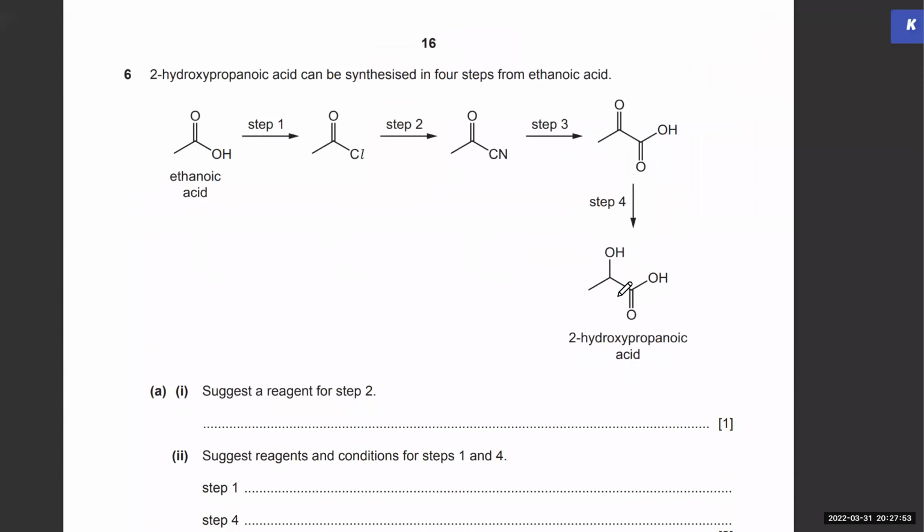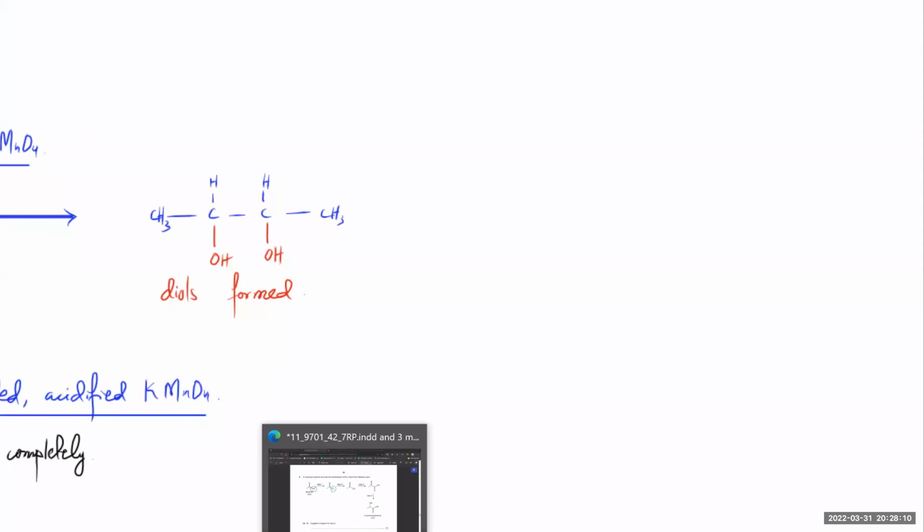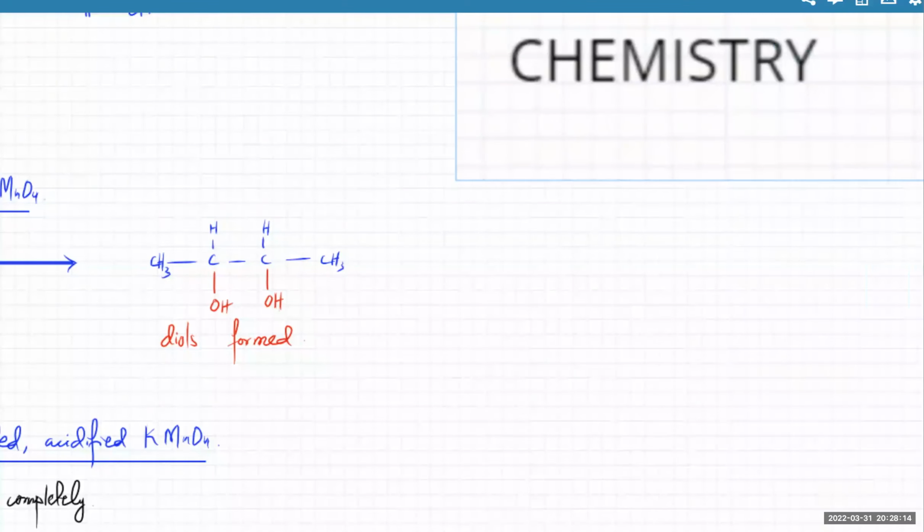Anyways, moving forward, you've got this ethanoic acid turning into this one. That's an OH getting replaced by Cl. That's acylation. That's what an acyl chloride is.